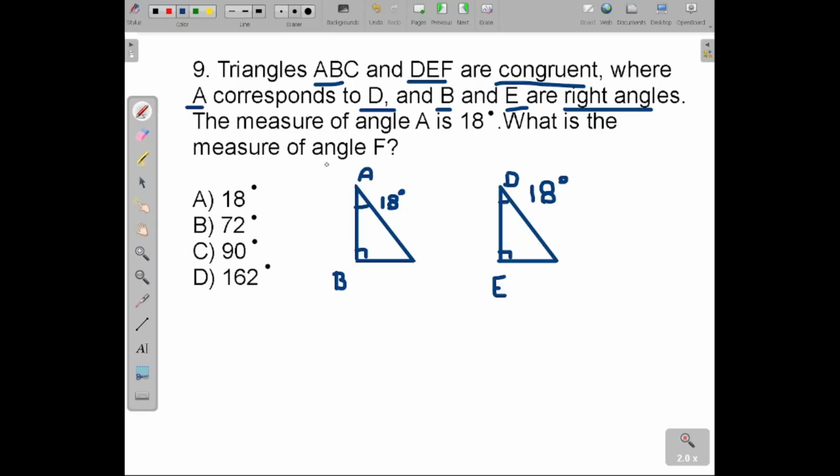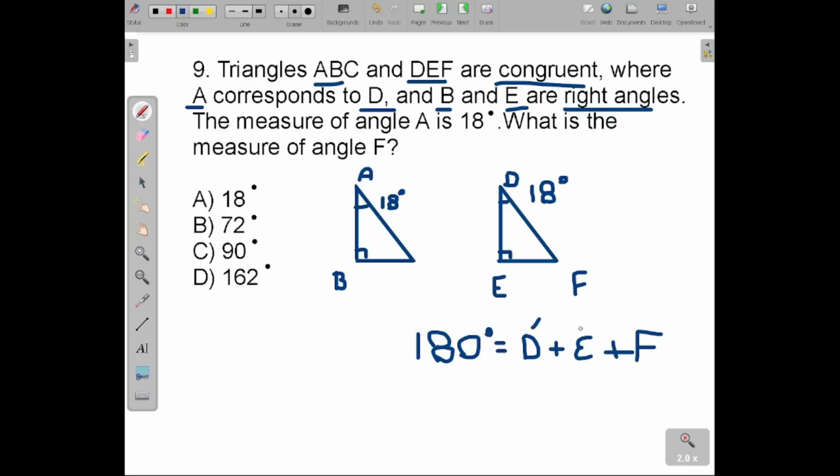What is the measure of angle F? F is in this triangle. So if we have the values of two angles, we can find the third, because all the angles inside of a triangle have to add up to 180. So the angle D plus E plus F has to be 180 degrees.